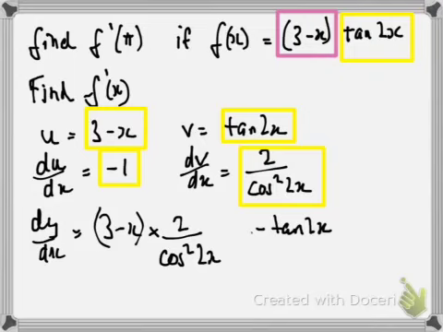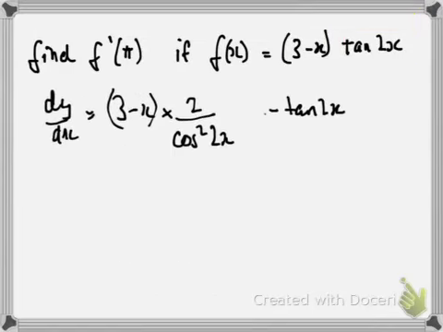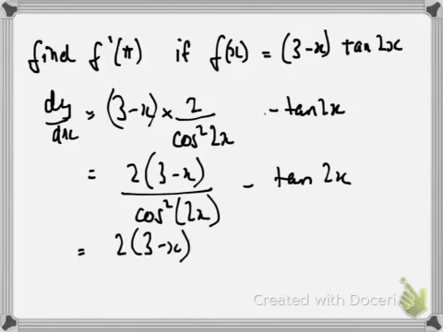Now if we put this over the next slide. Here we go. What we've got now, on the top here, we've got 2 outside of 3 minus x over cos squared 2x minus tan 2x. I'm going to make this expression, instead of cos squared 2x, cos 2x squared, because in a minute we're going to substitute pi in here, and that's going to be important.